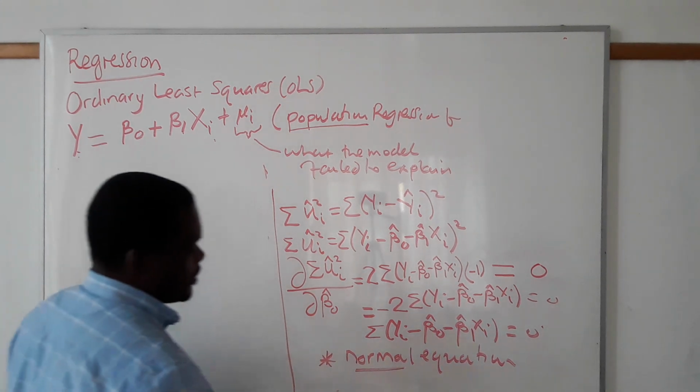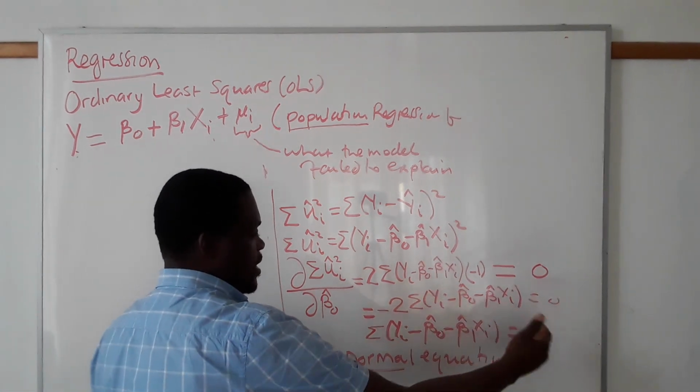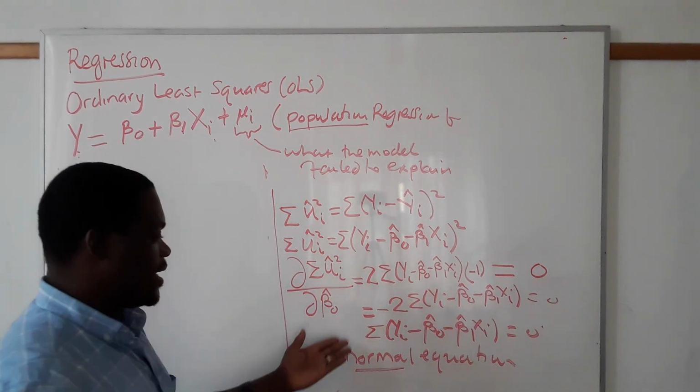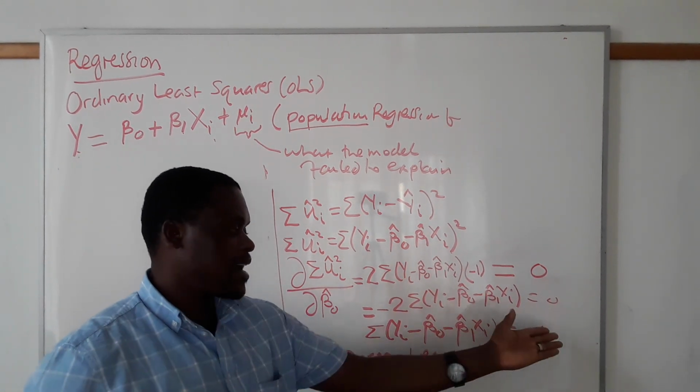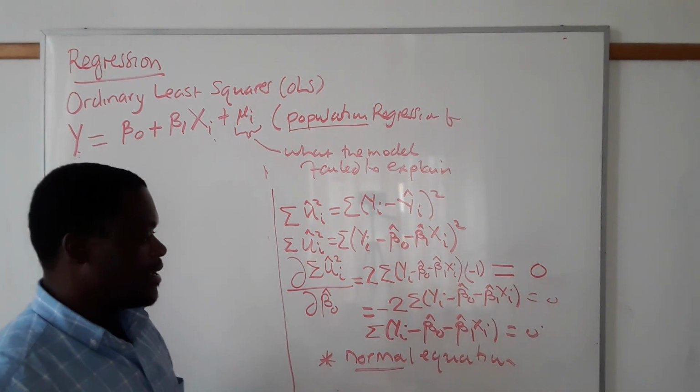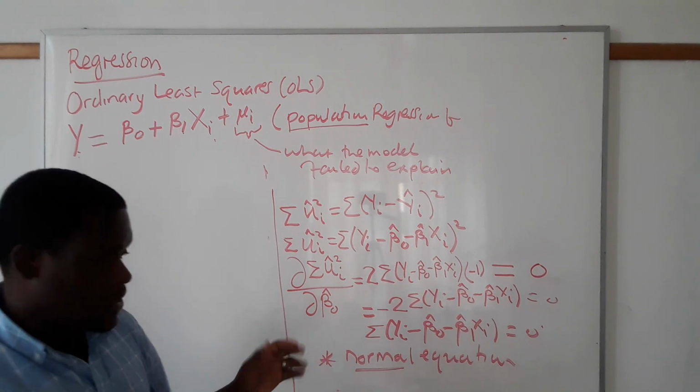Now, because there are several terms here with subtraction in the brackets, we can distribute the summation sign to this term, to that term, to that term, and solve for beta 0.